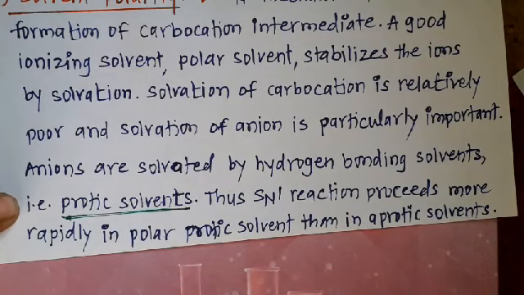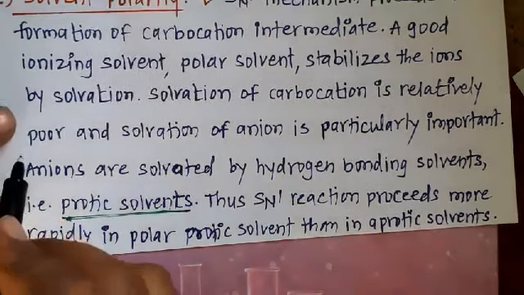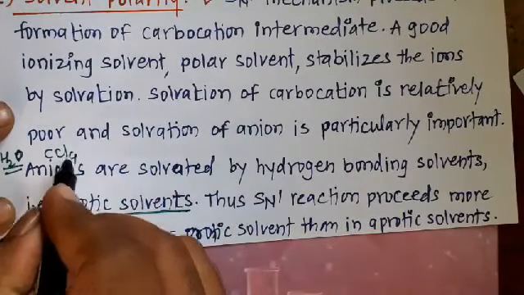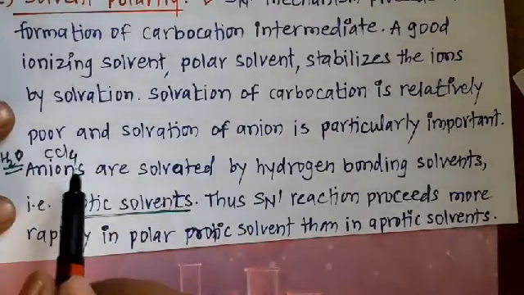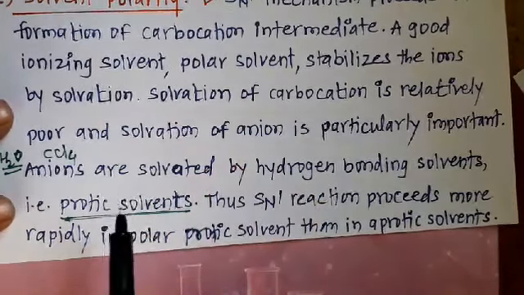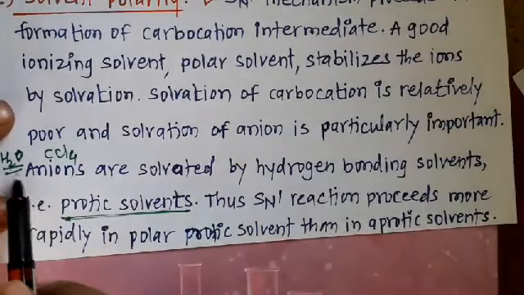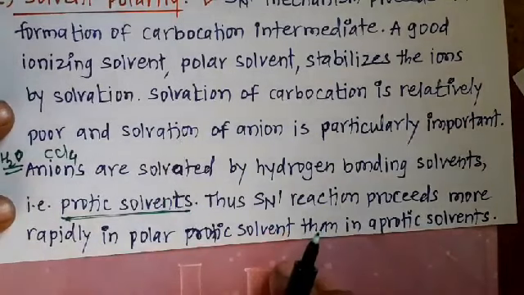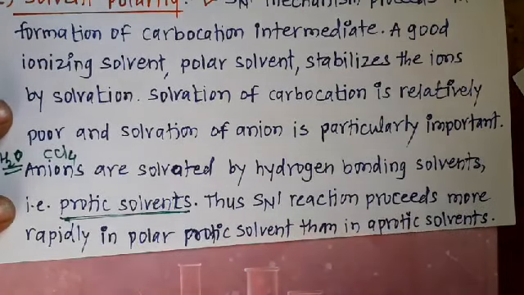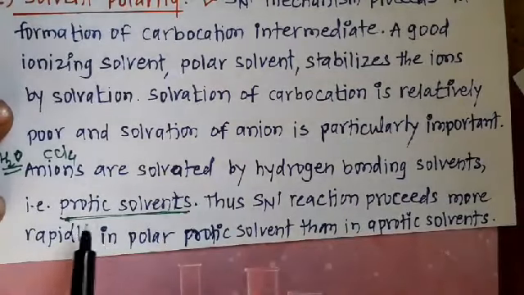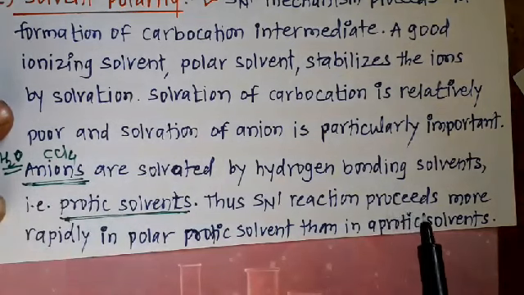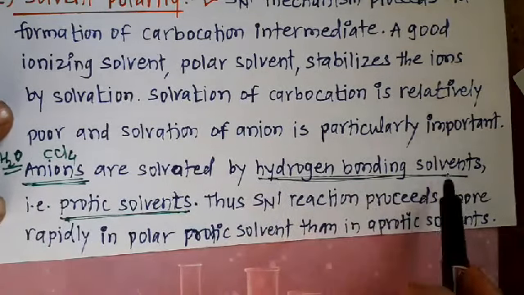For example, water is a protic solvent because water carries hydrogen, but CCl4 is an aprotic solvent because in CCl4 there is no hydrogen. Aprotic solvent means a solvent which does not have any type of hydrogen, and a protic solvent stabilizes the anions by hydrogen bonding of that solvent.